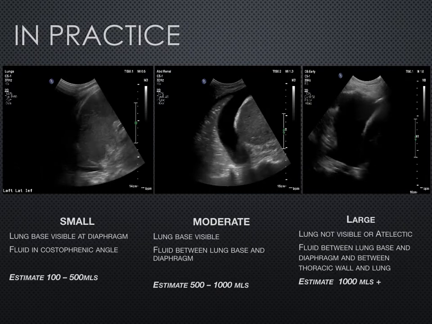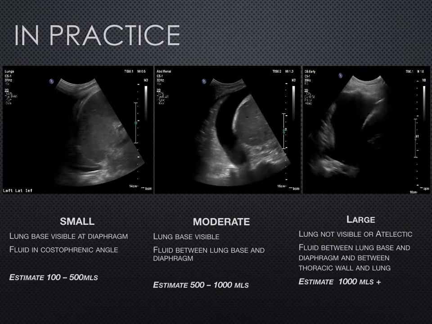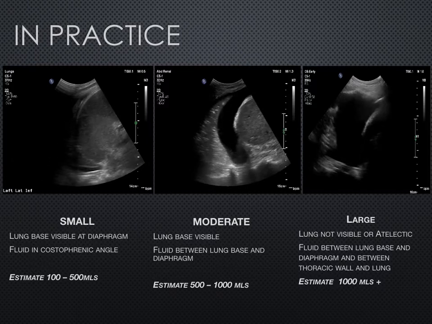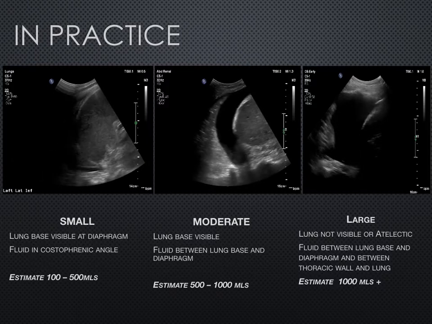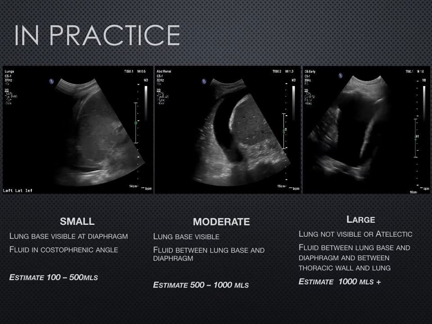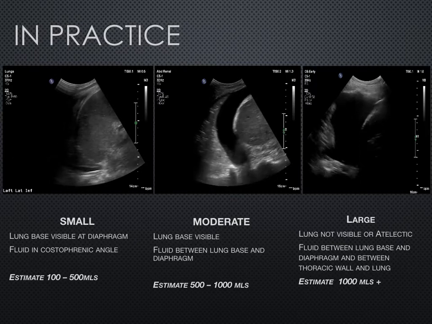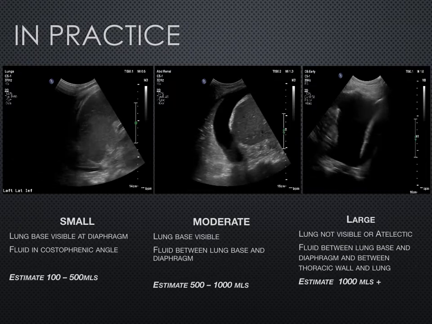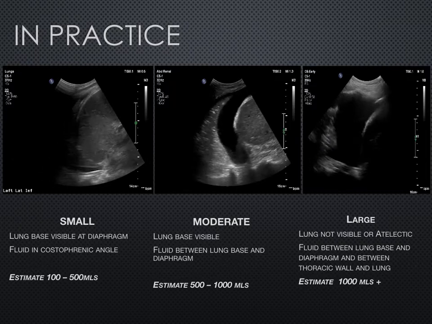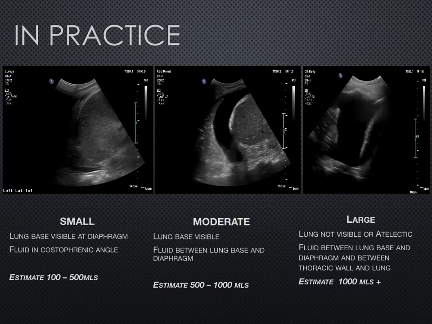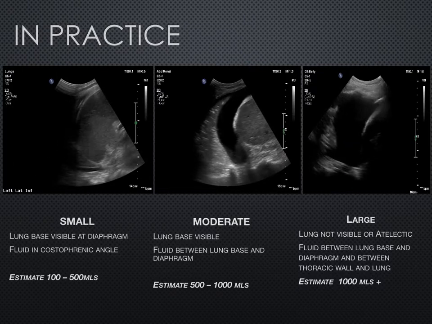In most cases, when you're in your dependent lung region at the diaphragm level, if you're seeing fluid that is essentially making up just the costophrenic angle, or what would be the costophrenic angle on your chest x-ray, then there's probably a smaller volume of fluid within that thoracic space.